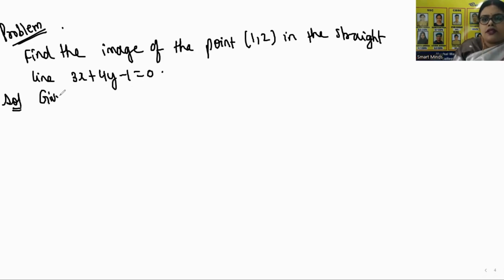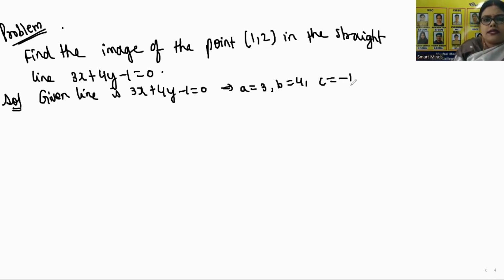So first let us write the given line. Given line is 3x plus 4y minus 1 is 0. From this line we get the ABC values. A is 3, B is 4 and C is minus 1. Now the given point is (1, 2). Let us take this as x1, y1.